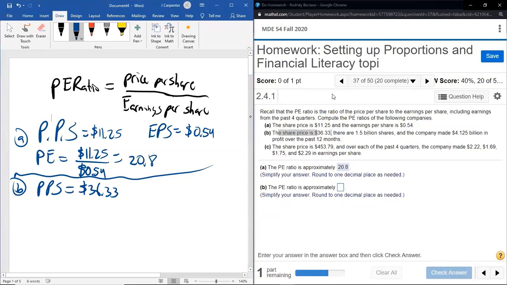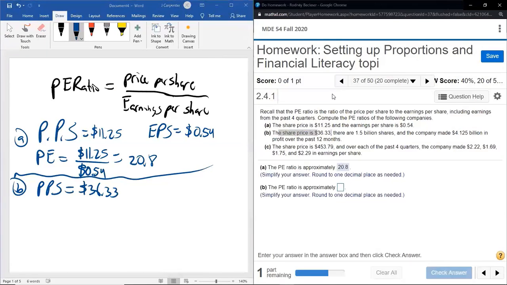That's not earnings per share. And then they say that the company made 4.125 billion in profit. So profit is another word for earnings, as a reminder. Profit, earnings, literally the same thing, but that doesn't say earnings per share.